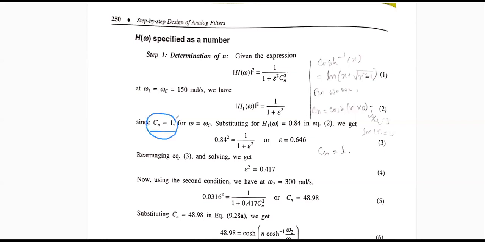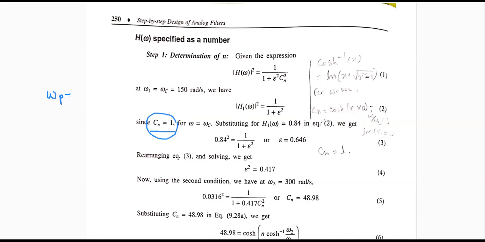I mentioned that Cn is unknown, but Cn is known when omega p is equal to omega c. At that location, you know the value of x, and in that case, you know the value of Cn.